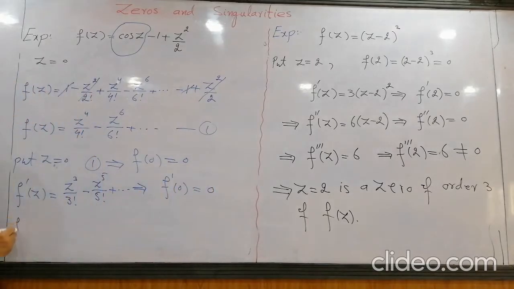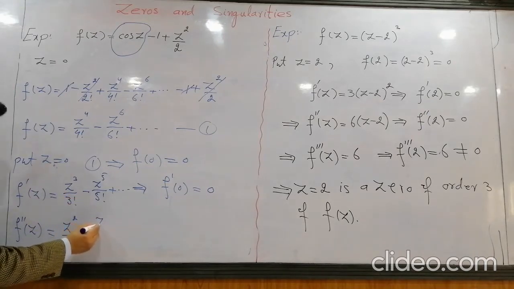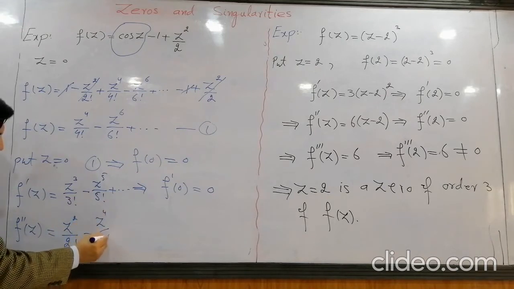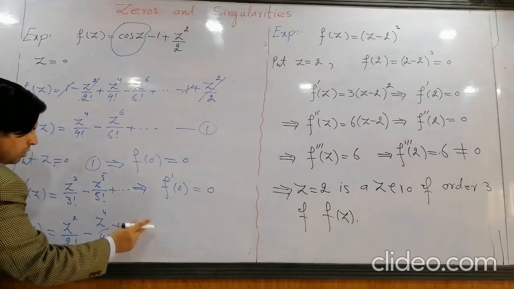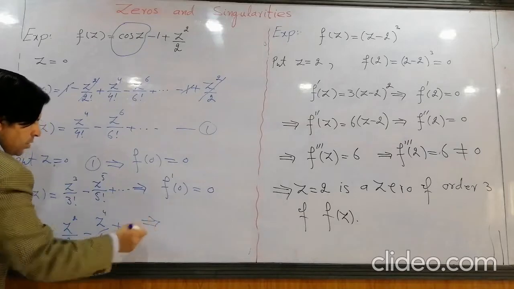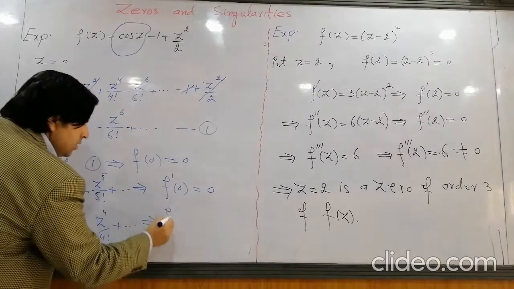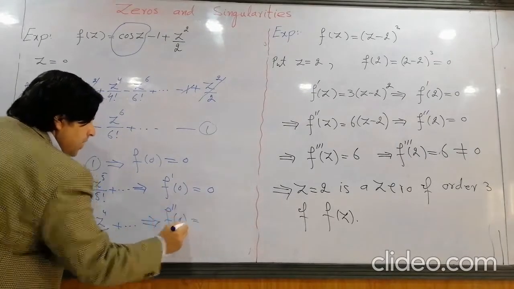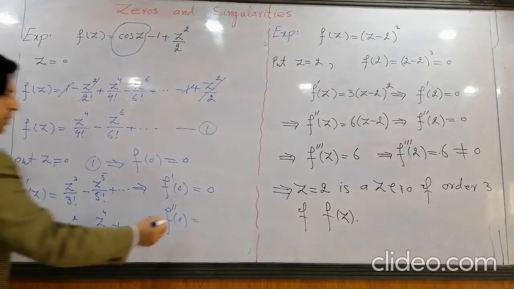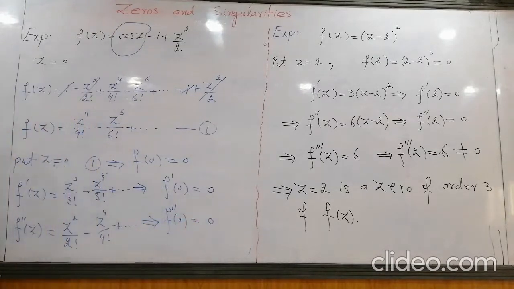Now I have to differentiate it again. F double dash of z is equal to, from here I can get in the same procedure z square by 2 factorial. And from here z power 4 by 4 factorial and plus up to so on. And now if I put z is equal to 0 in f double dash of z, I will get 0.